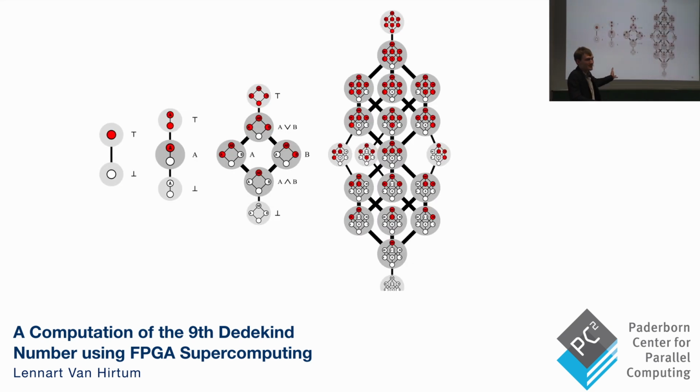So here is the monotone Boolean function structure for the first 3 Dedekind numbers. Here is the 0th, 1st, 2nd, and 3rd. And you can recognize these Dedekind numbers. There are, for example, 6 possible monotone Boolean functions for 2 dimensions.